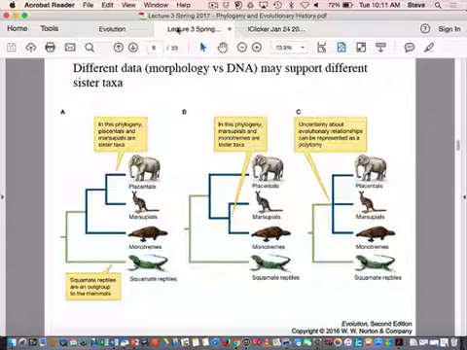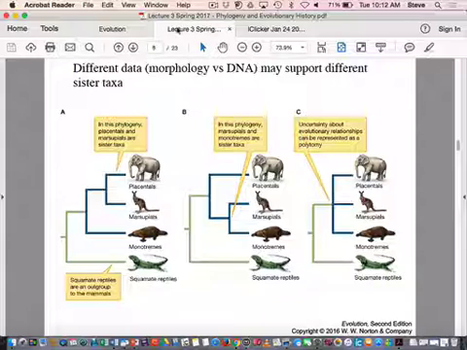So a lot of times you can get uncertainty about evolutionary relationships depending on the kind of data you have. So here you can represent this. These two data sets present different relationships, and uncertainty about relationships can be represented by what's called a polytomy. Maybe that's in your flashcards.